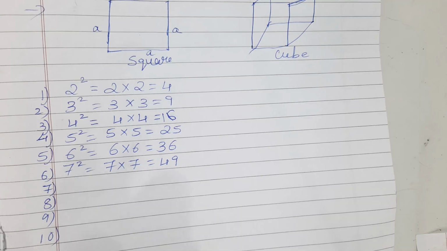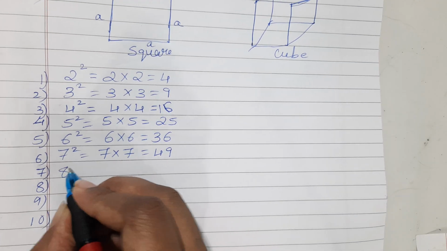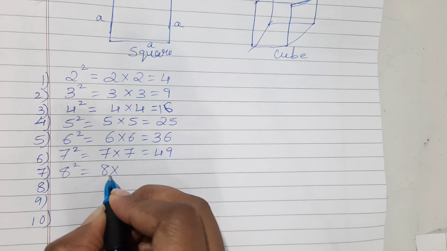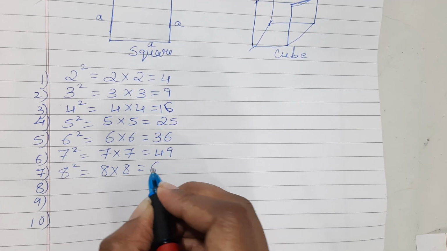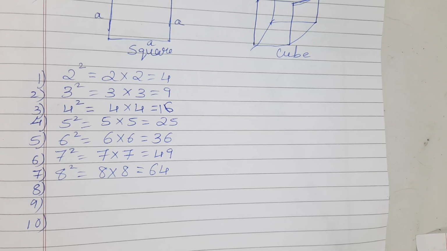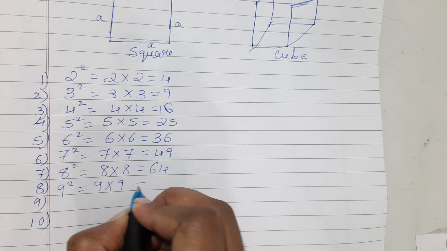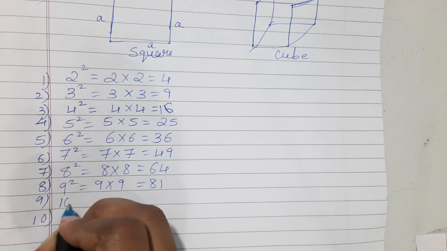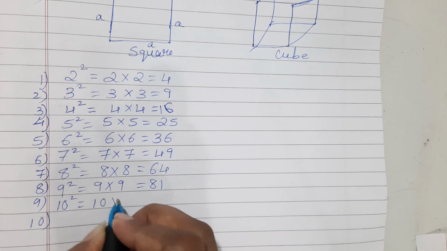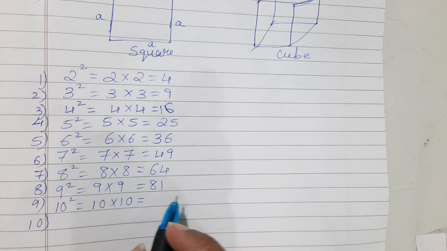Let us do till 10. So 8 square will be 8 8s are 64. I hope I am not going too fast and you will be able to understand. 9 square will be 9 9s are 81. 10 square will be 10 10s are 100.